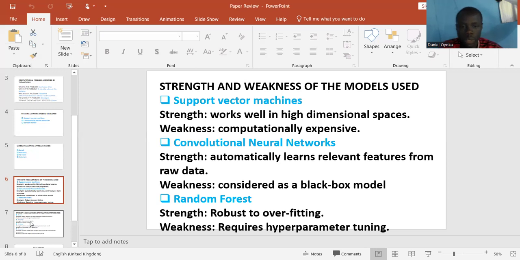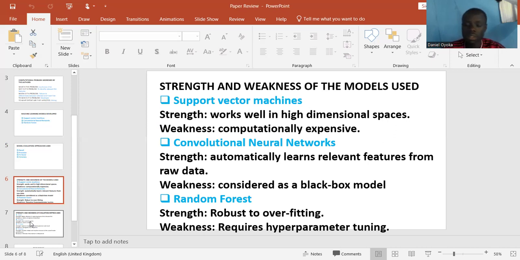Its weakness is that it's computationally expensive when training the module, as it requires a larger data set. For the convolutional neural networks, its strength is that it's able to learn relevant new features from the raw data given to it, and give exactly correct predictions.